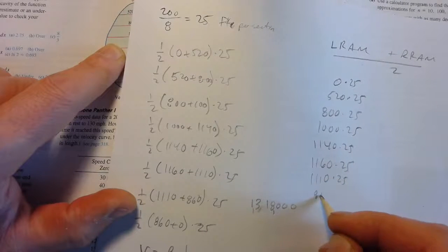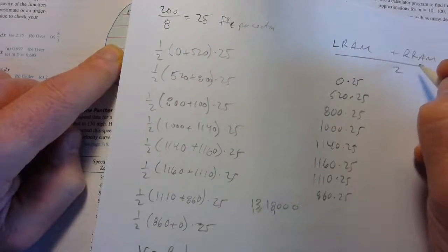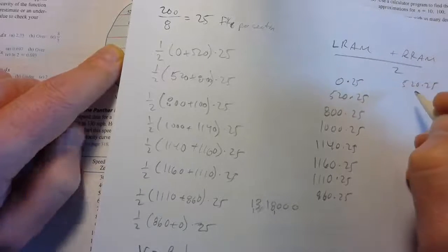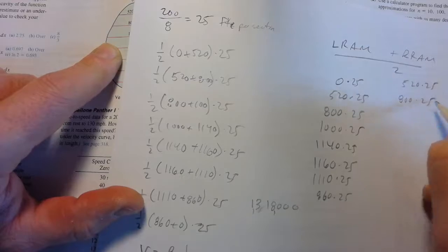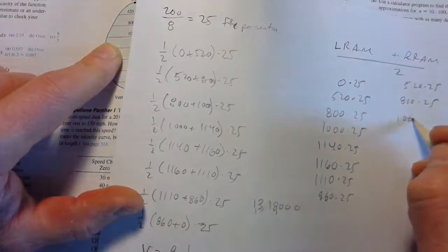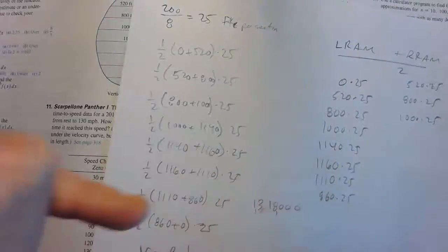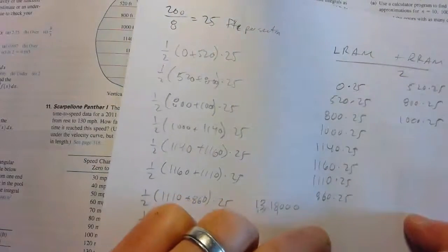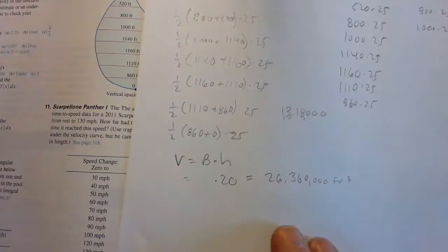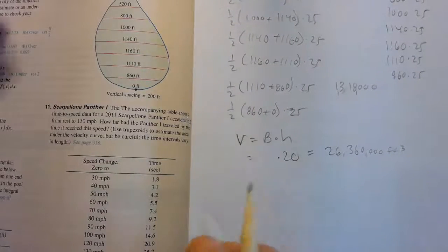You would get that number, and then you do the RRAM, which would be 520 times 25, and 800 times 25, and so on and so forth. Oh, there's 1,000 over here. 1,000 times 25, you would have that going down there. You add all those, get a number. Add these, get a number. Add those, divide by 2, and that's going to give you that same number. It finishes the same way, where you multiply it by the height. That's part A.